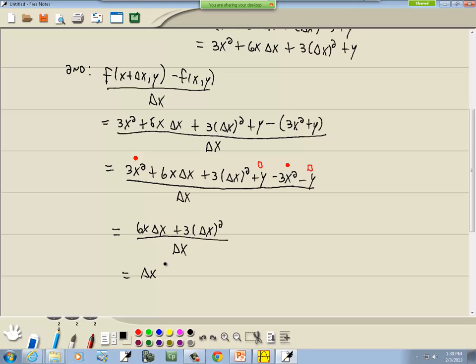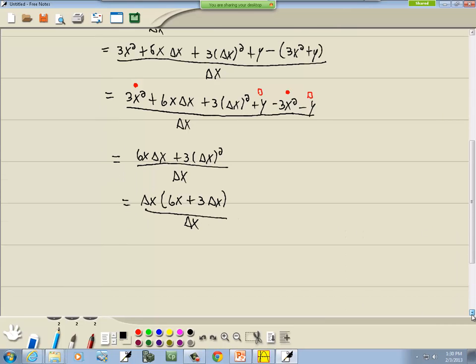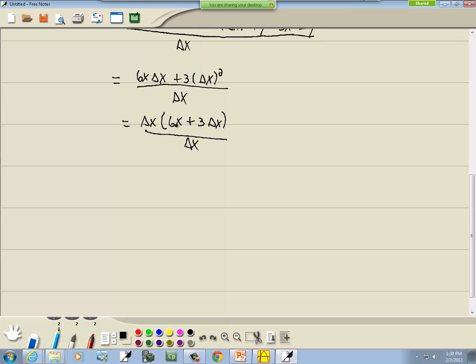So I'll bring out a delta x, and that leaves us 6x there, plus 3 times delta x, over delta x. Well, now everything's multiplication up on top here, so the delta x's will cancel. You can only do that when you got multiplication, this times this. And that leaves us 6x plus 3 delta x. That's our answer.